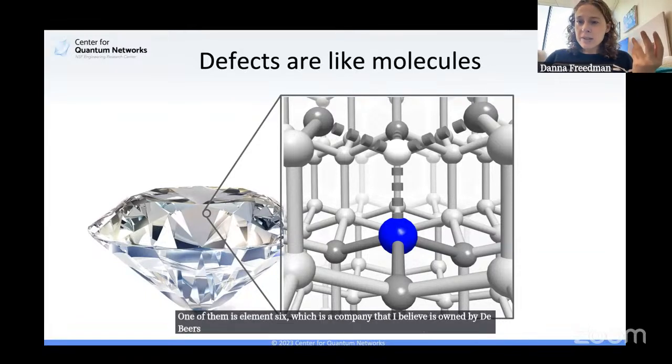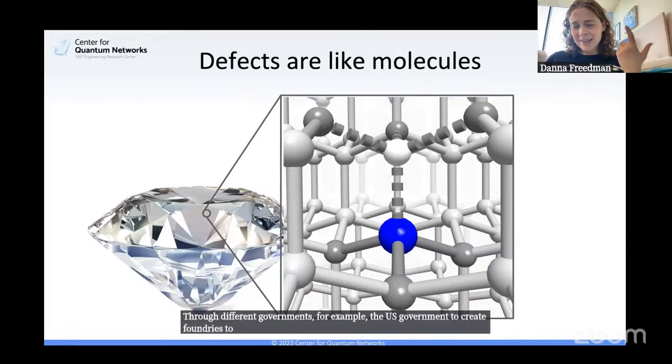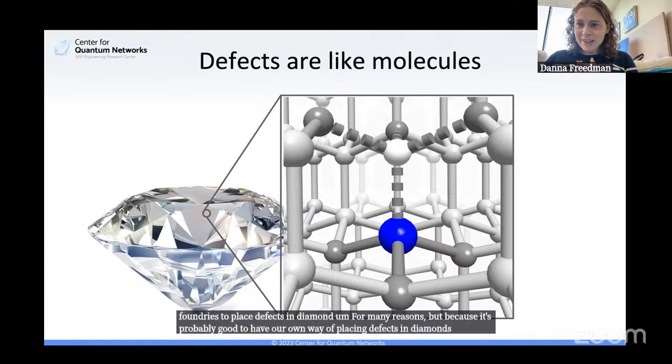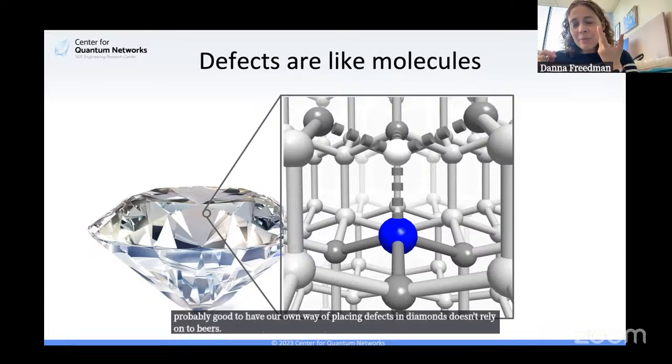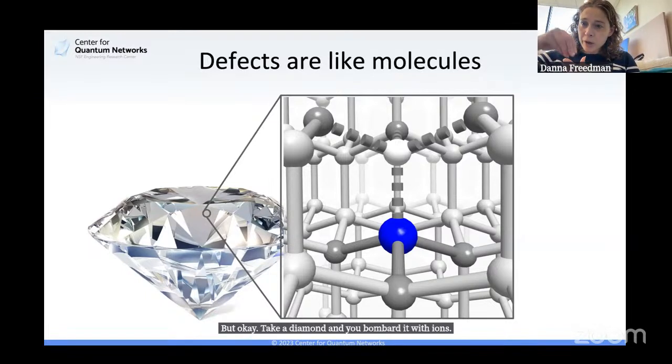And more recently, there have been some efforts through different governments, for example, the US government, to create foundries to place defects in diamond. For many reasons, but because it's probably good to have our own way of placing defects in diamond that doesn't rely on De Beers. But okay, so take a diamond and you bombard it with ions. And when you bombard it with ions, you create a scatter shot of defects.